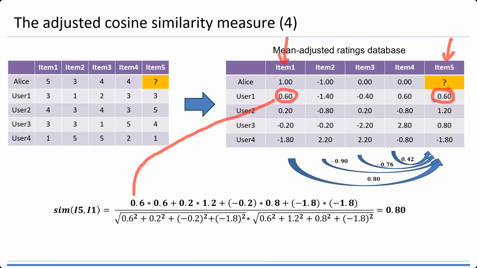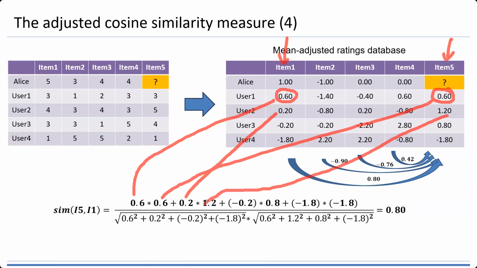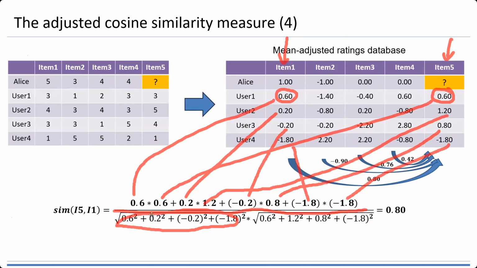So this is 0.6 multiplied by 0.6, and then 0.2 multiplied by 1.2, and then minus 0.2 multiplied by 0.8, and then minus 1.8 multiplied by minus 1.8, divided by every value in item 1 and every value in item 5.